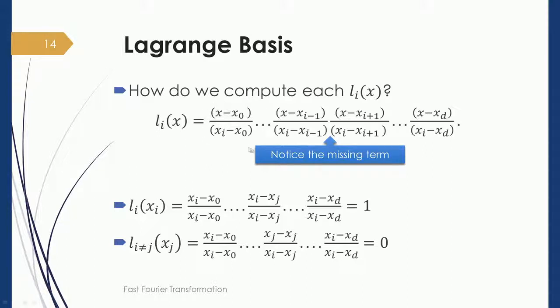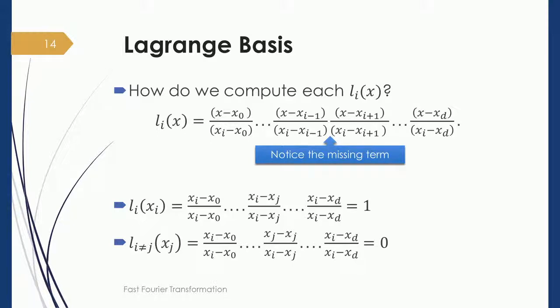So, for x sub 0 we have x minus x sub 0 divided by x sub i minus x sub 0, and so on. Now, in this sequence of multiplicative terms, there is one missing term, and the missing term is x minus x sub i divided by x sub i minus x sub i. This term cannot exist here because the denominator will evaluate to a 0. So, thankfully, that does not exist.